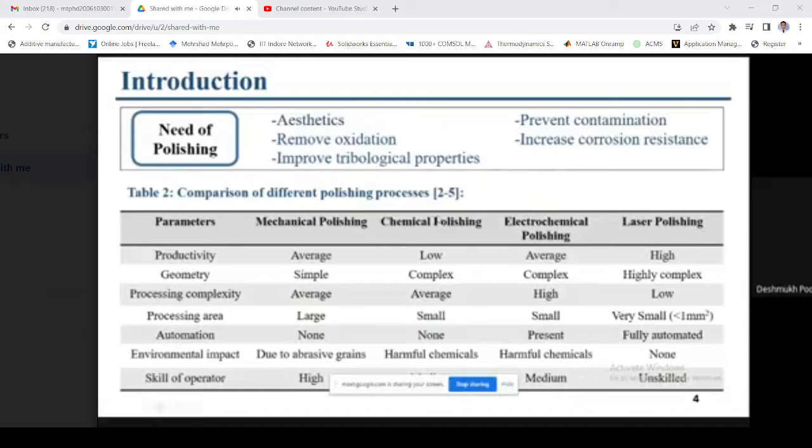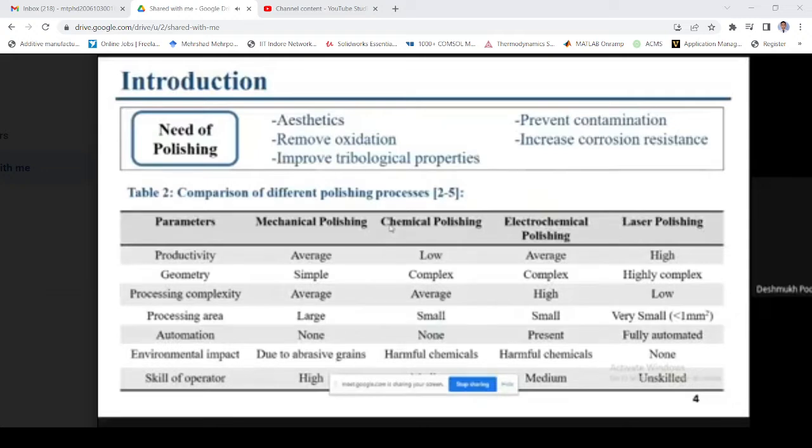Here is a comparison among different polishing processes. Mechanical, chemical and electrochemical polishing are the conventional polishing methods, and laser polishing is the newly adopted technology. When we come to the geometry and the processing area of the components, with conventional polishing methods we can polish simple components with simple geometry and a large processing area.